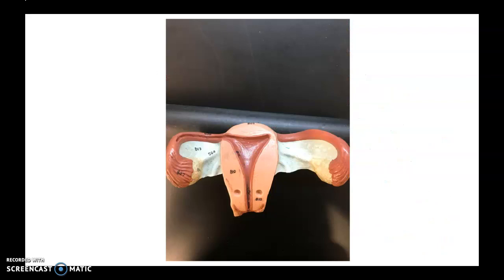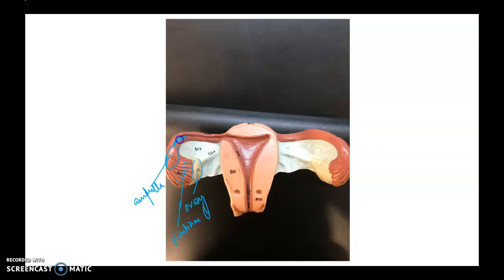This is another representation, and this is showing us the ovary and uterus model. This yellow structure right here is ovary. We have one on each side. So that's the ovary. These finger-like structures, these are fimbriae. Then the fimbriae leads to this area. This area is called ampulla, the swollen area.